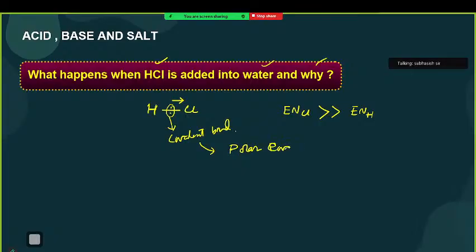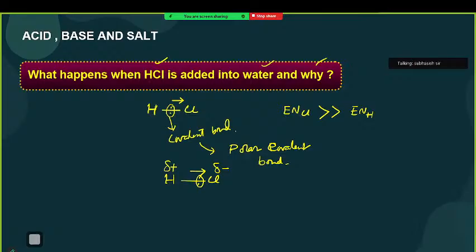When HCl is present in this way, chlorine draws the electron pair towards itself, creating a slightly negative charge over the chlorine atom and a slightly positive charge over the hydrogen atom.